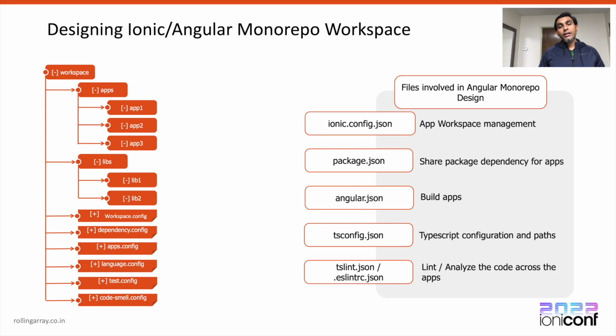Your angular.json has got details about your application paths in context to all the artifacts along with your libraries. Your tsconfig has got details about your TypeScript configurations and library paths. Your TSLint or ESLint has got details about your linting and analyzers, right? And then eventually you might want to add your Karma configurations for your testing suite.